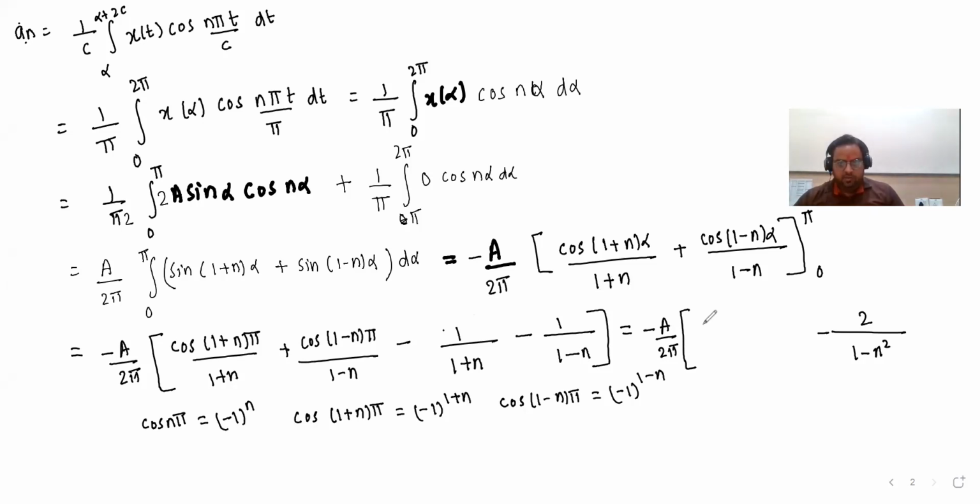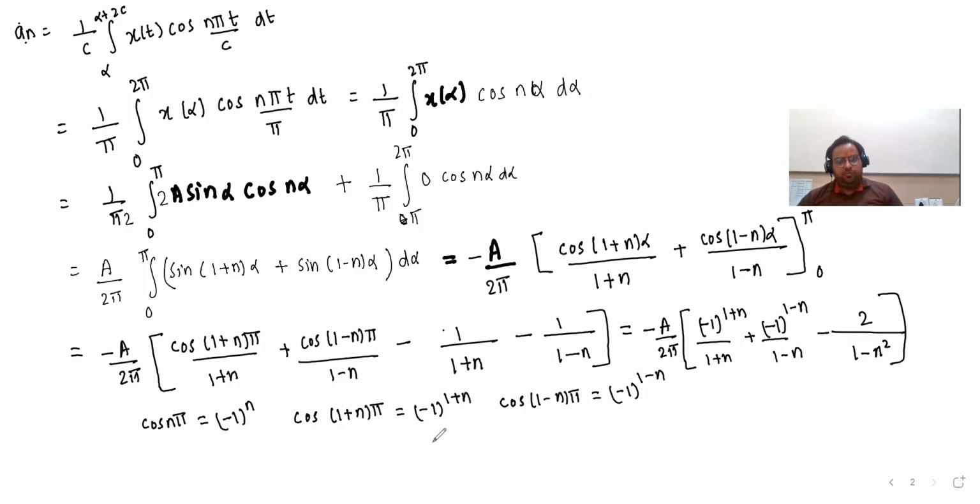Here we have minus 1 to the power 1 plus n divided by 1 plus n. And here we'll have plus minus 1 to the power 1 minus n divided by 1 minus n. This is what we obtain here.